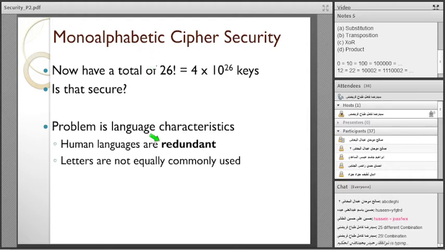But we said that in languages we have patterns, or in Farsi we say olgu. Yes, Ali, it's not important.